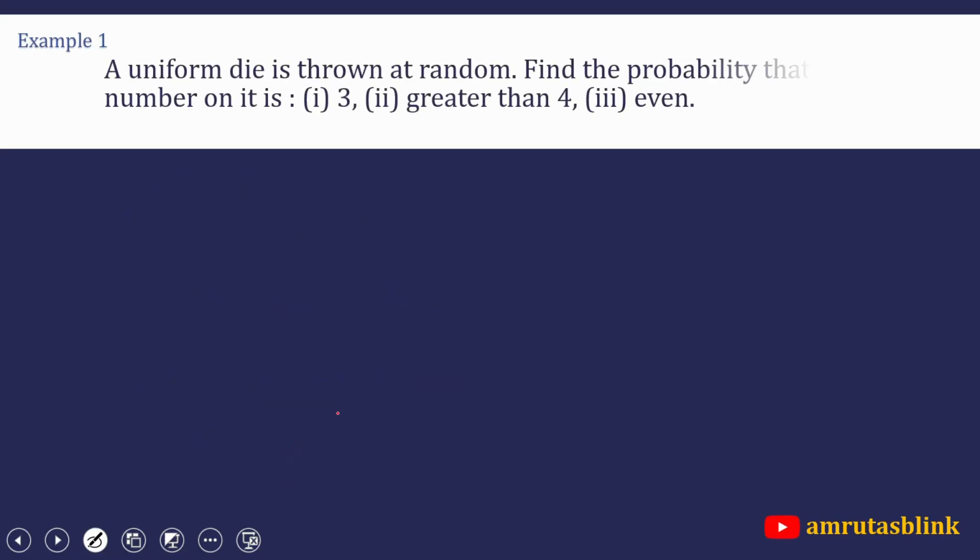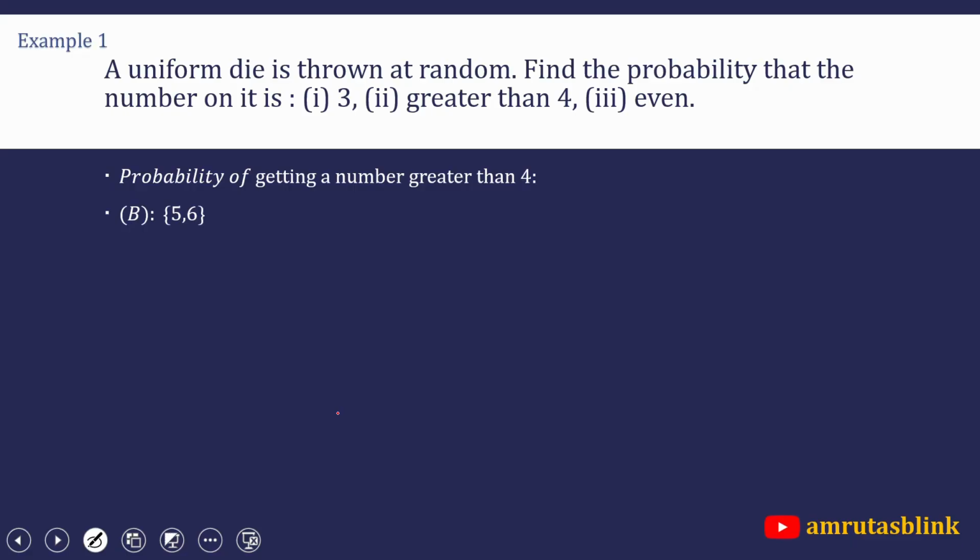Let's move to the second part of this question. Now we need to calculate the probability of getting a number which is greater than 4. Now, how many possible outcomes are there in this particular event? You can have either 5 or 6, because we need a number which is greater than 4. Here you need to ensure whether in the question they have asked greater than or equal to 4 or just greater than 4.